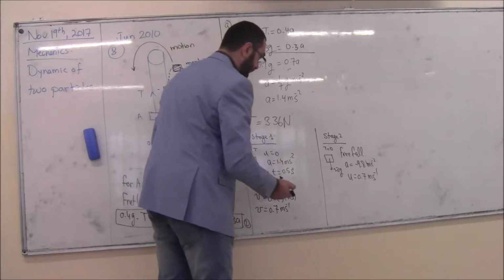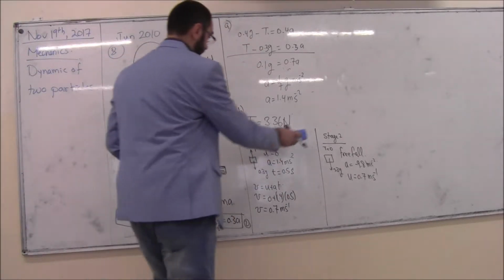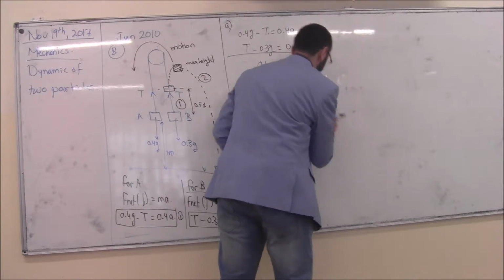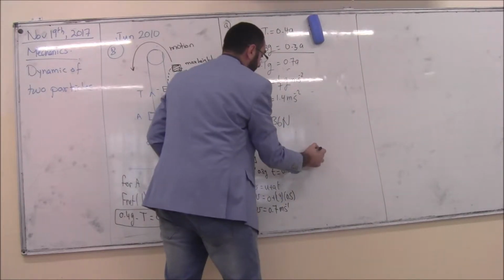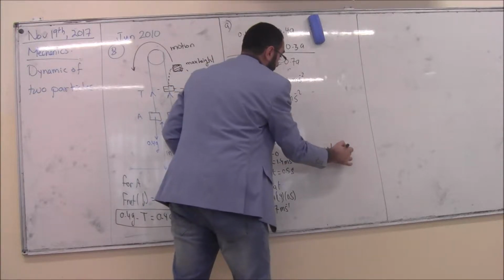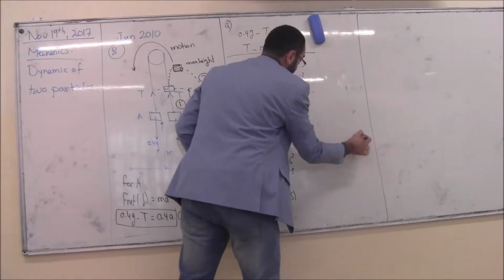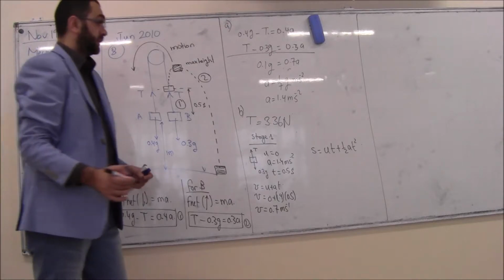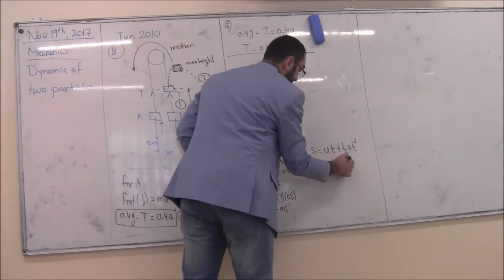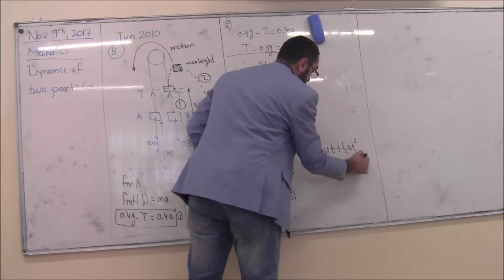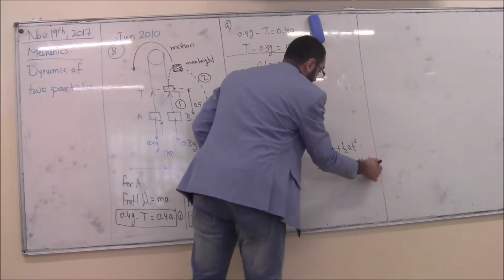S equals UT plus half AT squared. S equals UT plus half AT squared, right? S equals half, U0 half, right? Half 1.4, 1.4 times 0.5 squared.